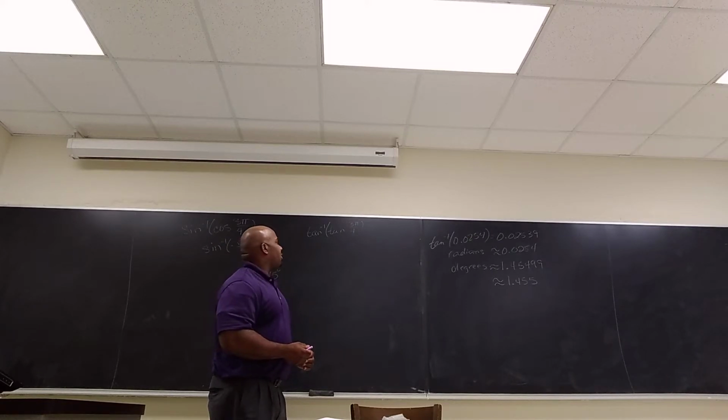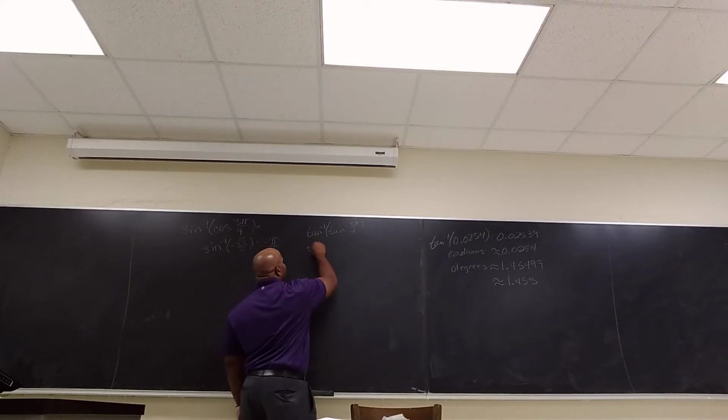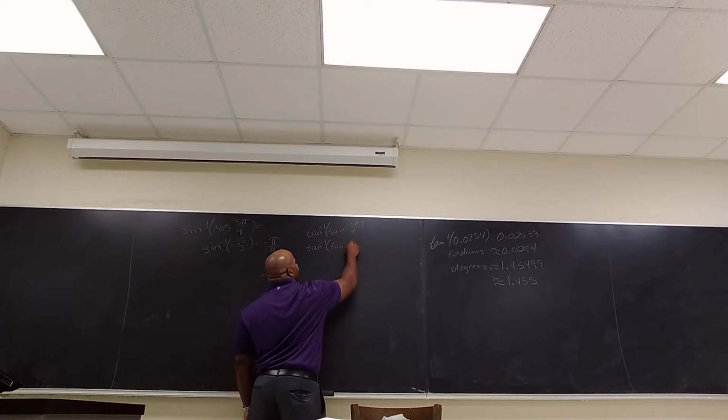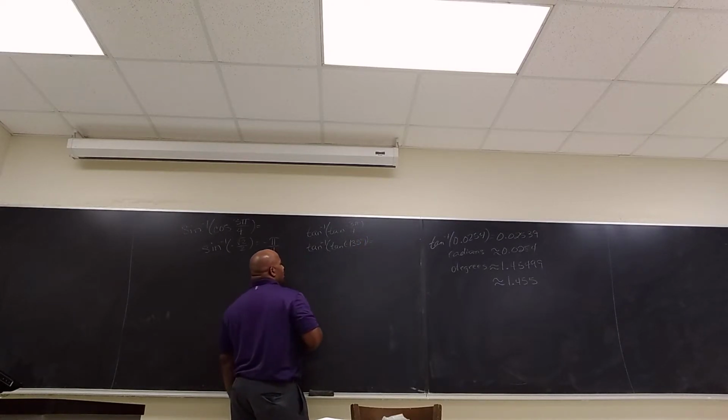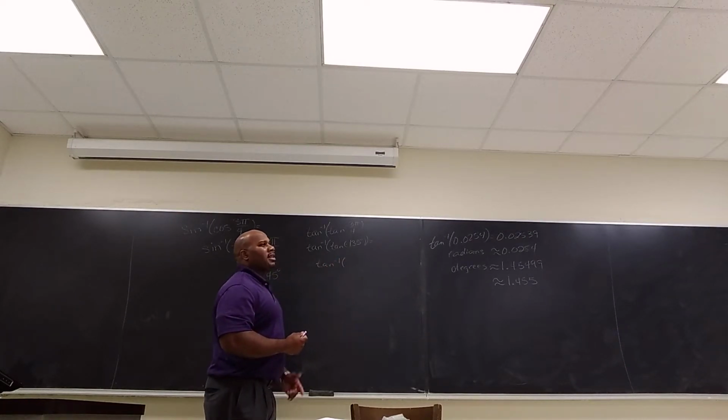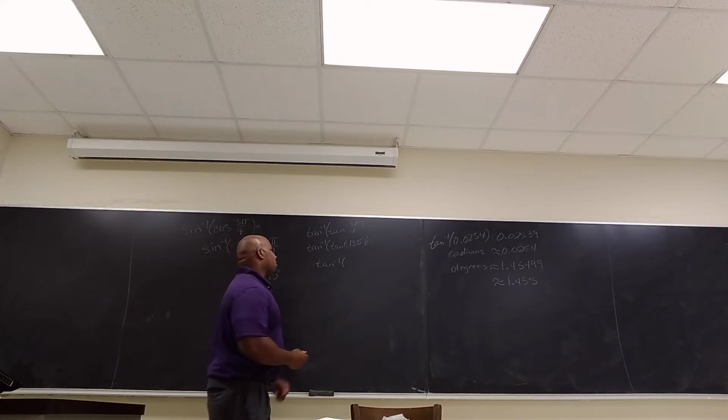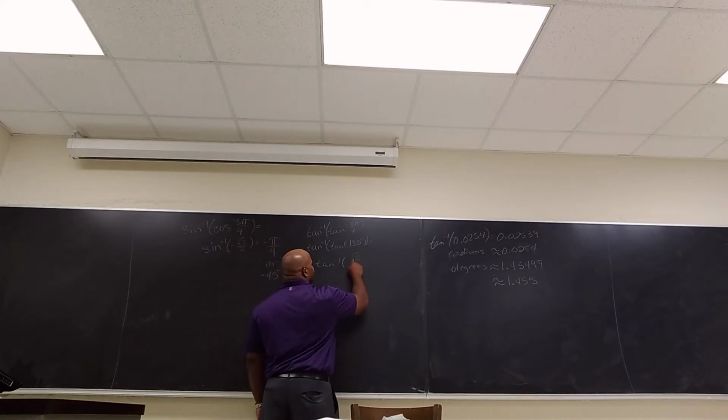If you're doing this with degrees, this is going to be tan inverse of tan of negative 135 degrees. That's the same thing as tan of 225, and tan of 225 is positive.